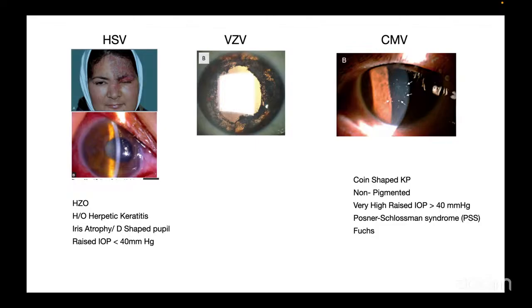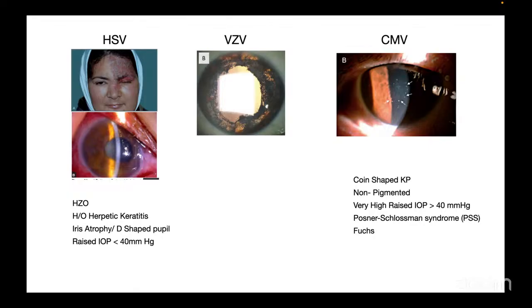Then look for iris atrophy. Both HSV and VZV present with iris atrophy. You can see a D-shaped pupil without dilatation. And a very important thing to look for is the IOP of the patient.